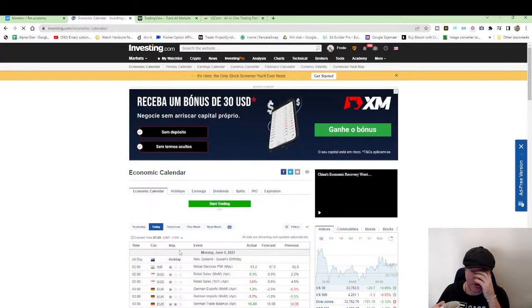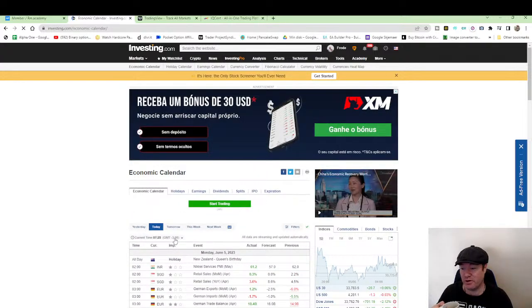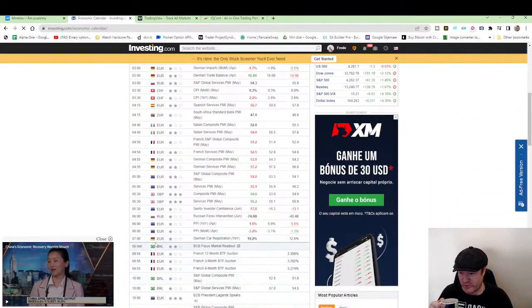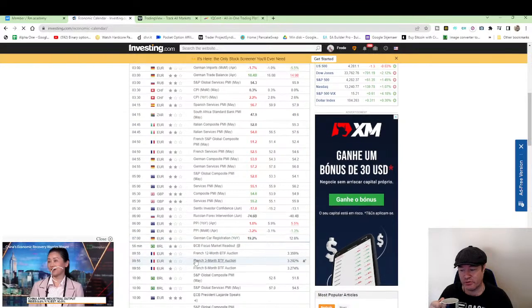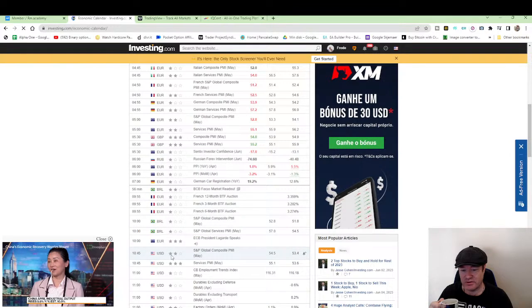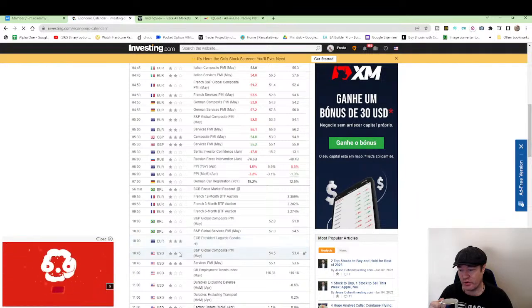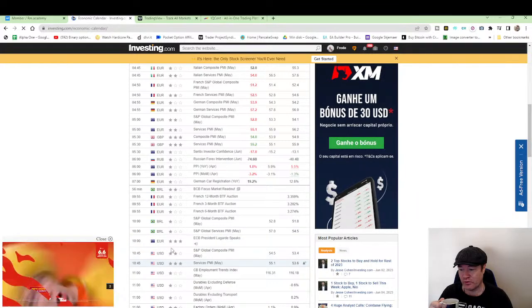For me it's GMT -3. You can see this line that shows where we are in the market right now. In basically 2.5 hours, 3-star news is coming for euro, and a little later one for dollar.